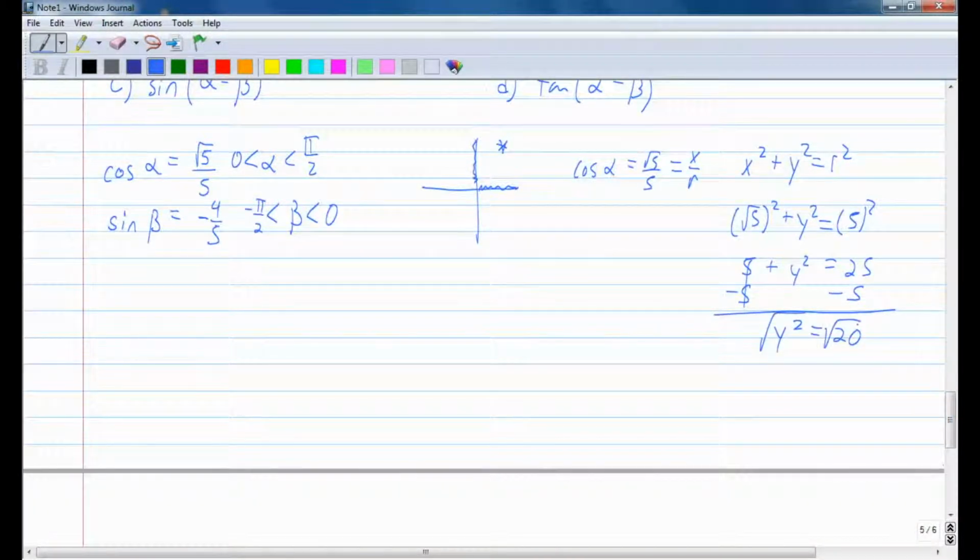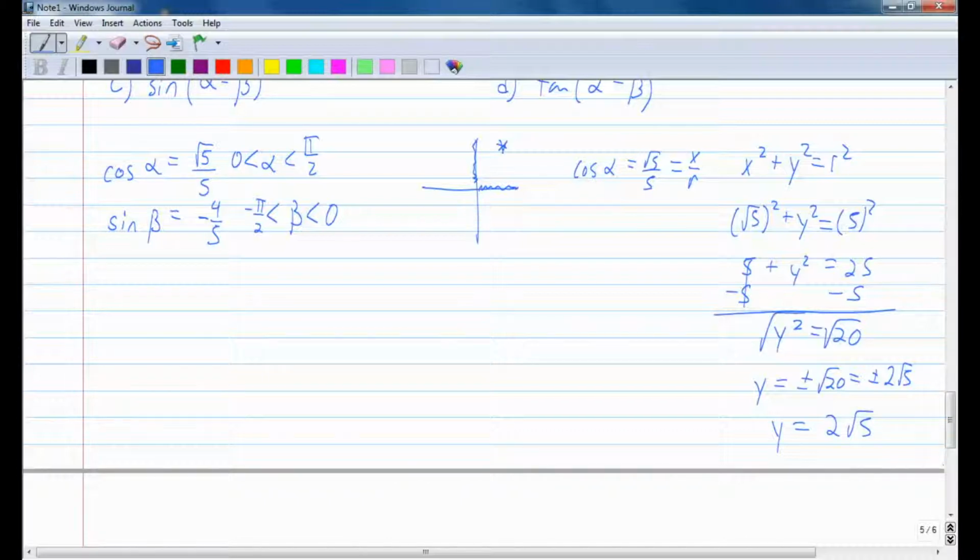Take the square root of both sides. So y equals plus or minus the square root of 20, which simplifies to plus or minus square root of 4 times square root of 5, so 2 square roots of 5. Now we're in the first quadrant, so our y is positive. So our y is going to be a positive 2 square roots of 5.